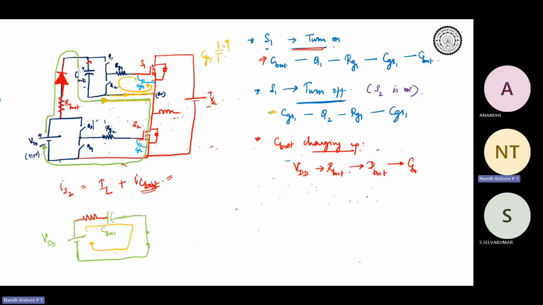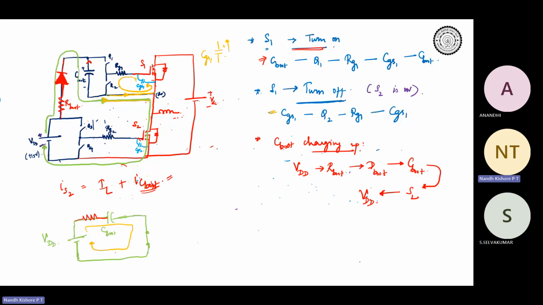And then it will go through C boot, and then from C boot through the switching node, through the channel of S2, and then back to VDD. Do you understand this? Is this fine? Yes, sir.